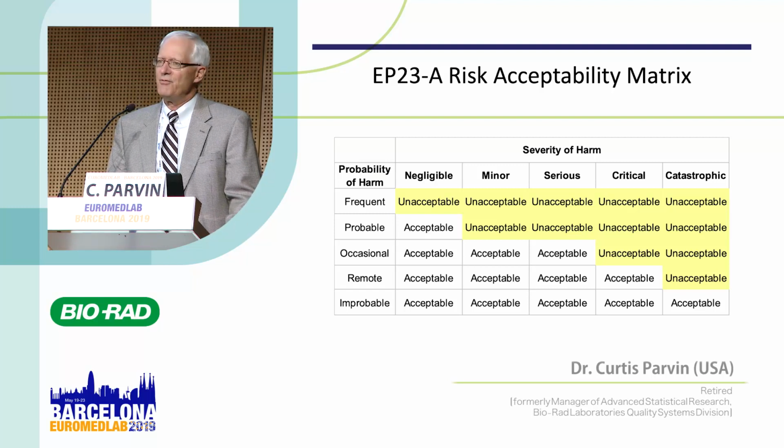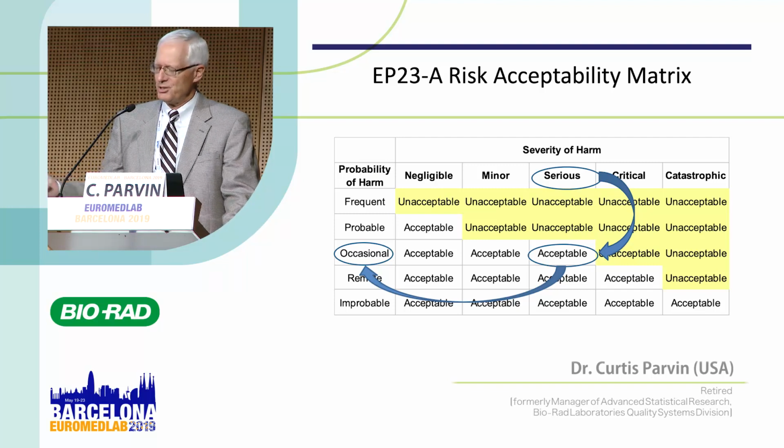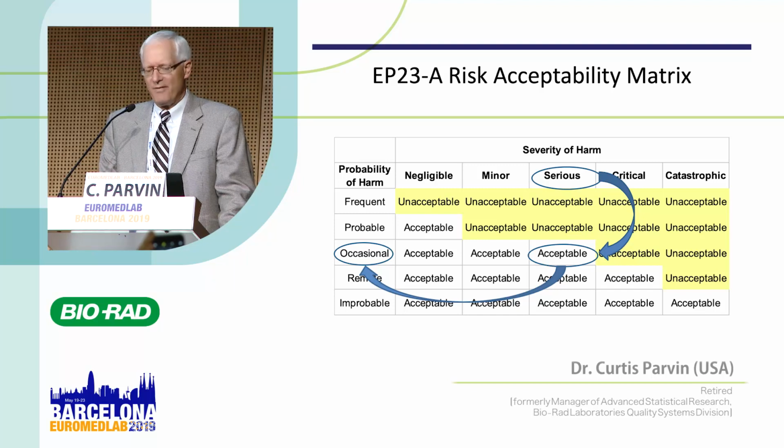So, for instance, if the assessment is made that for this particular measurement procedure for this patient population the severity of harm would be serious, then the risk acceptability matrix here would say that the probability of harm can be no greater than occasional in order to be acceptable.